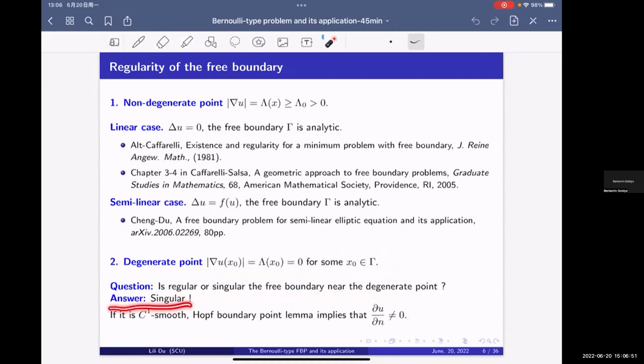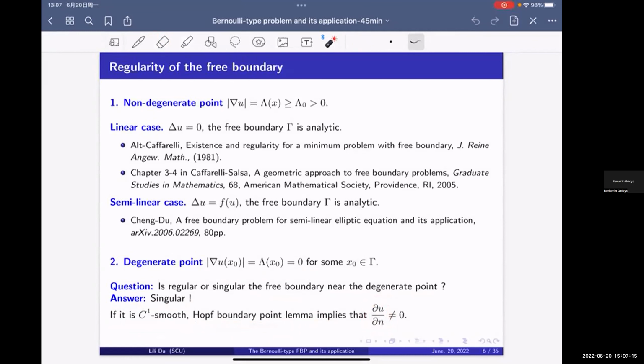The answer is singular, due to the Hopf boundary point lemma. If the boundary is C^1 smooth, the Hopf lemma tells us that the normal derivative cannot vanish at this point.